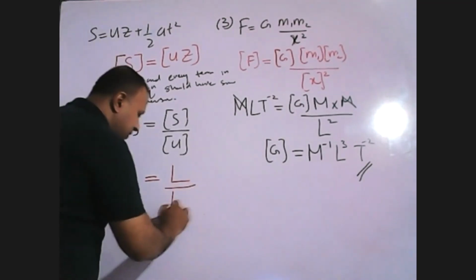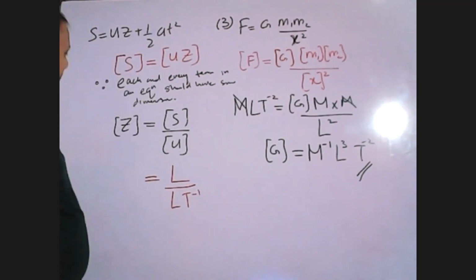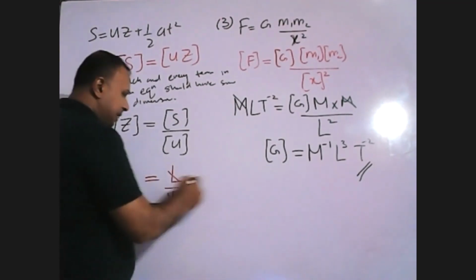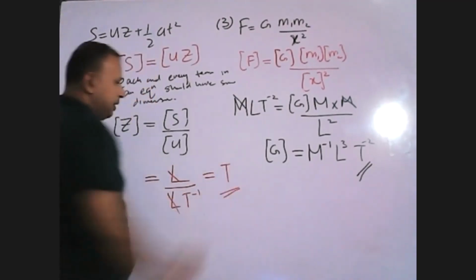Dimension of velocity is equal to L T minus 1. So L to L will be cancelled out. The dimension of T is equal to T.